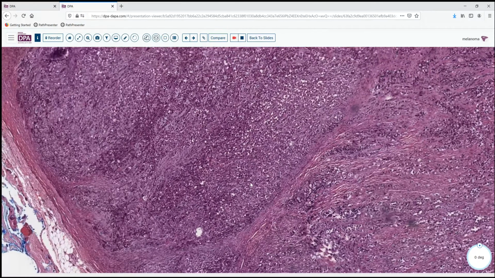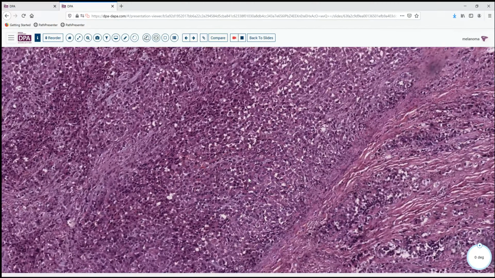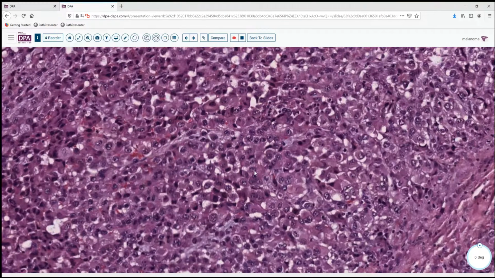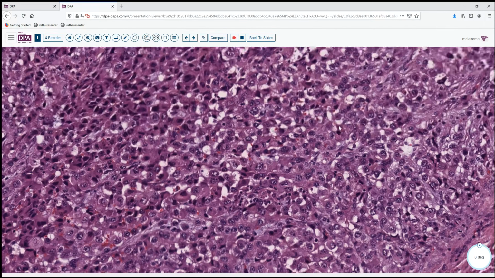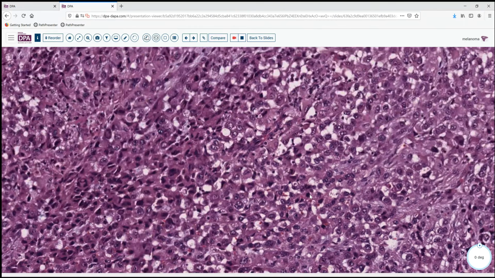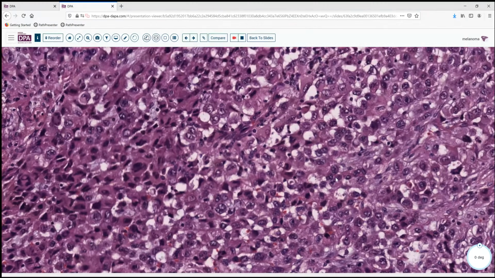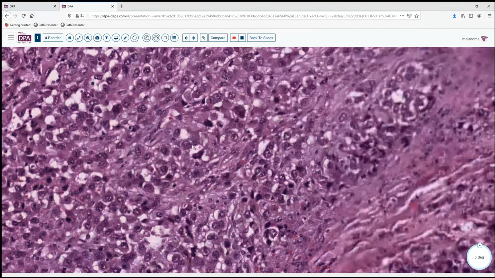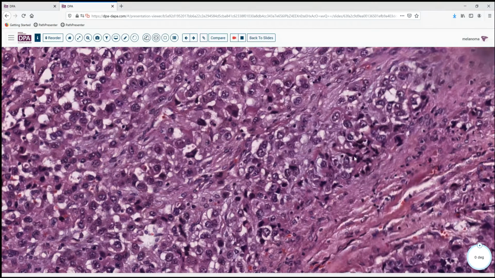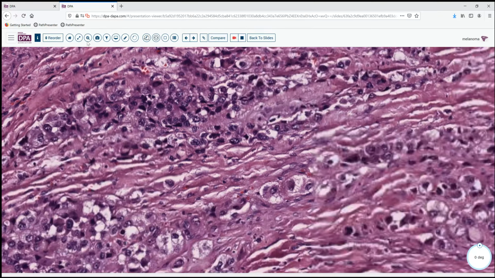And then on high magnification, we can see that these cells have this sort of amphophilic cytoplasm, a little bit of eccentric nuclear placement, again slightly plasmacytoid, and pretty prominent nucleoli and variability. Some mitotic figures are present in and around these areas.